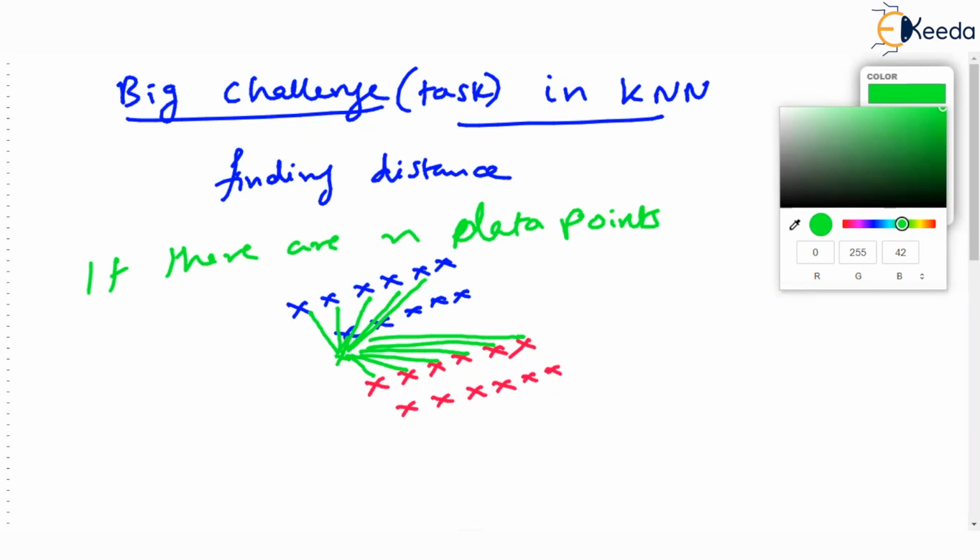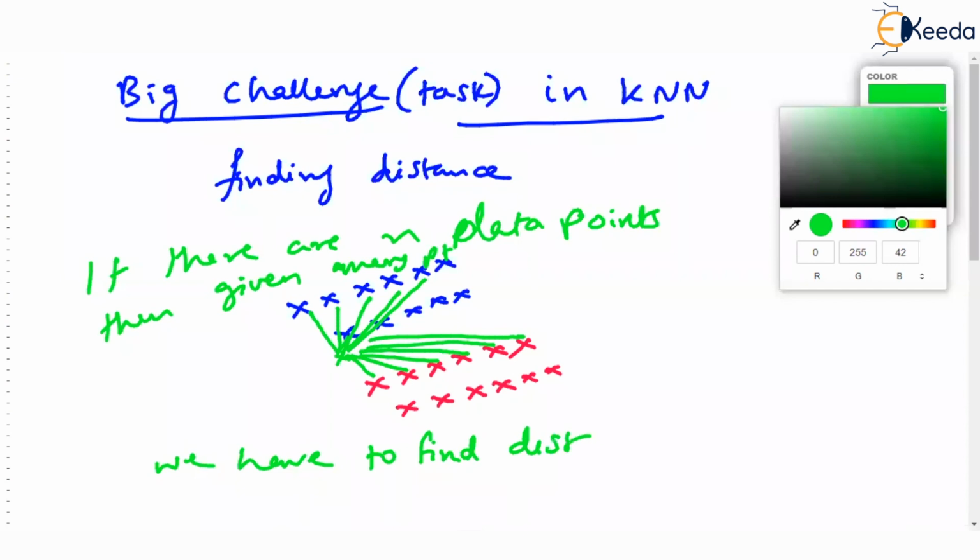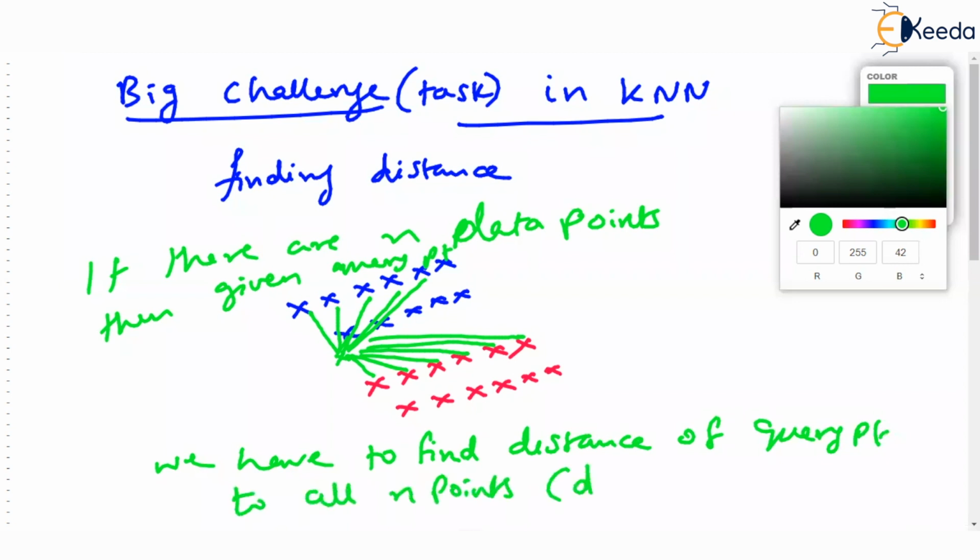If there are n data points, then given a query point, given an unseen point, we have to find the distance of the query point to all n points. That means we'll get D1, D2, D3 up to Dn.